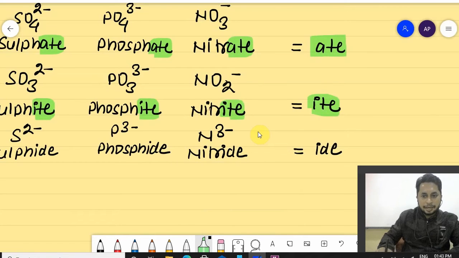And without oxygen, the suffix becomes ide, like sulfide, phosphide, nitride.